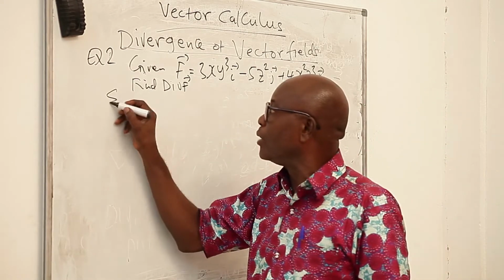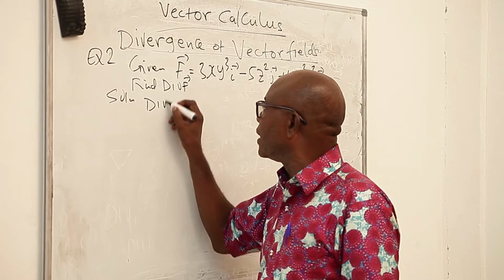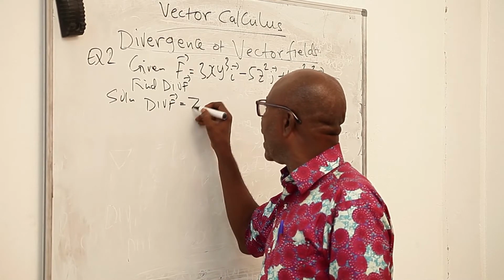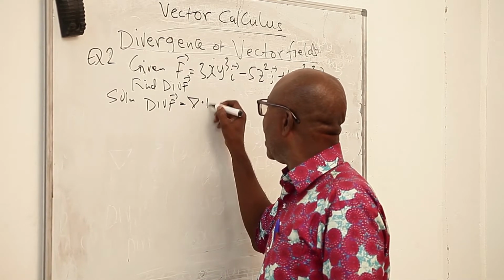So the solution is going to be like this. Divergence f, we know, is del dot f.